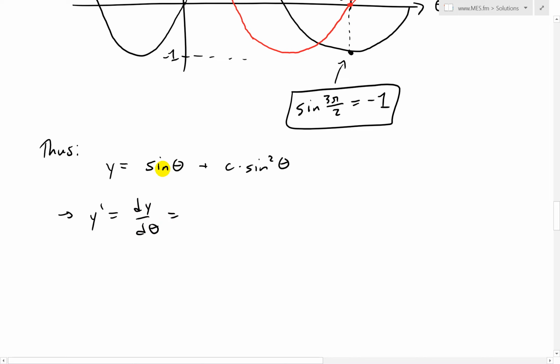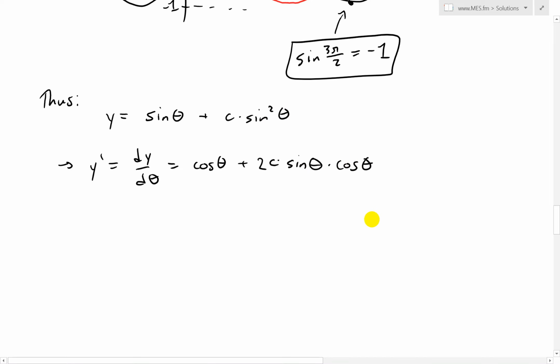This equals the derivative of sine, which is positive cosine, so cosine theta, plus c, and then the 2 comes down, so 2c sine theta, and then using the chain rule, the derivative of sine is cosine theta.